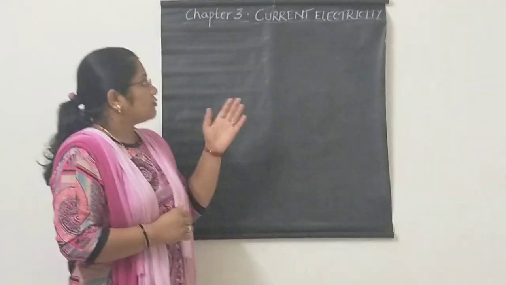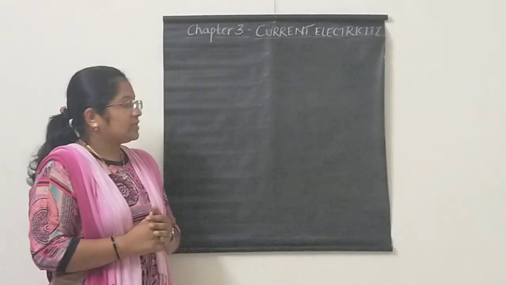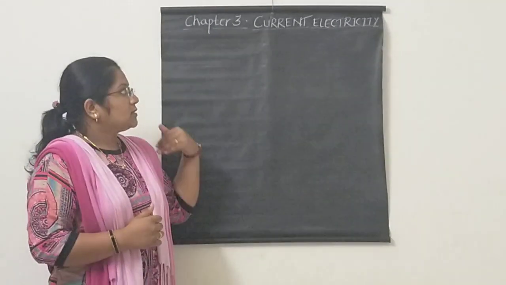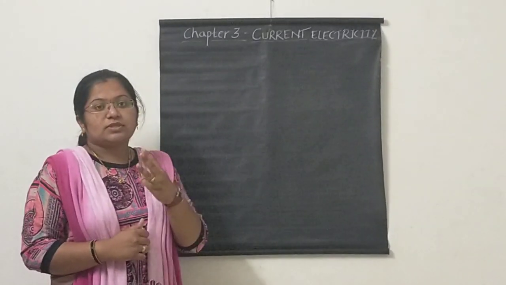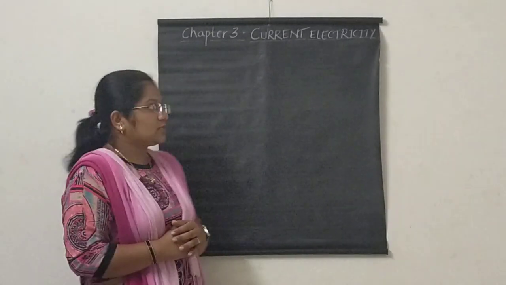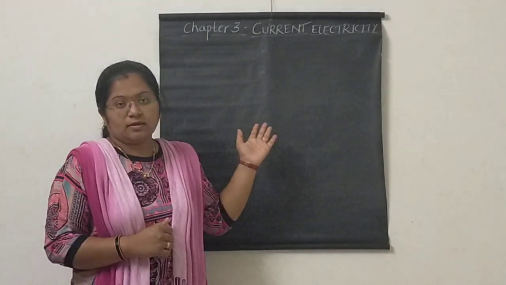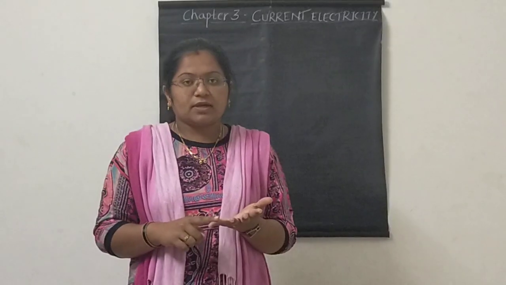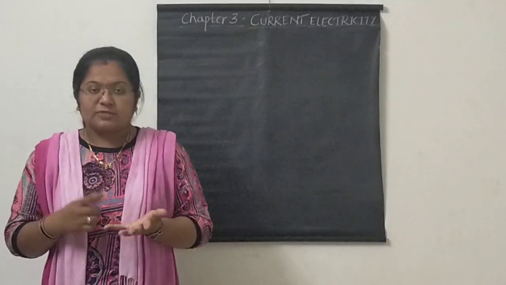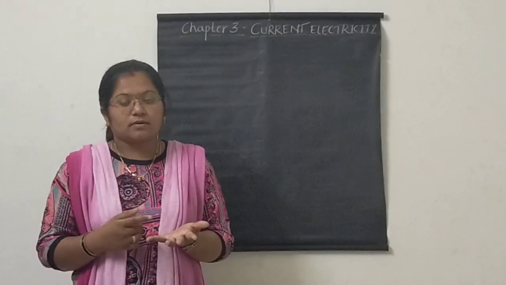Today in this chapter, we will study some further steps. I'll start today's class with 3 more important definitions. Before that, let's recall what we have studied. We started with the definition of electric current. We got its expression and obtained its SI unit.